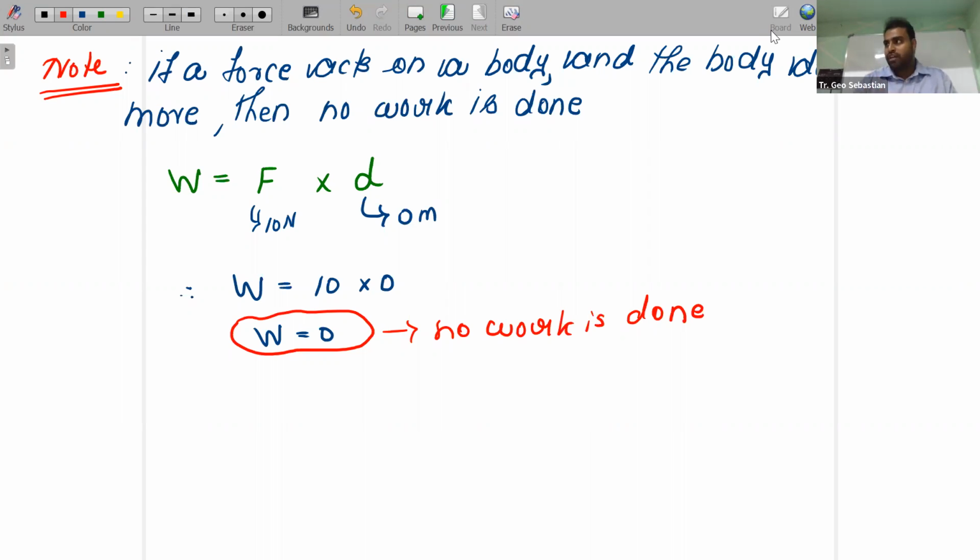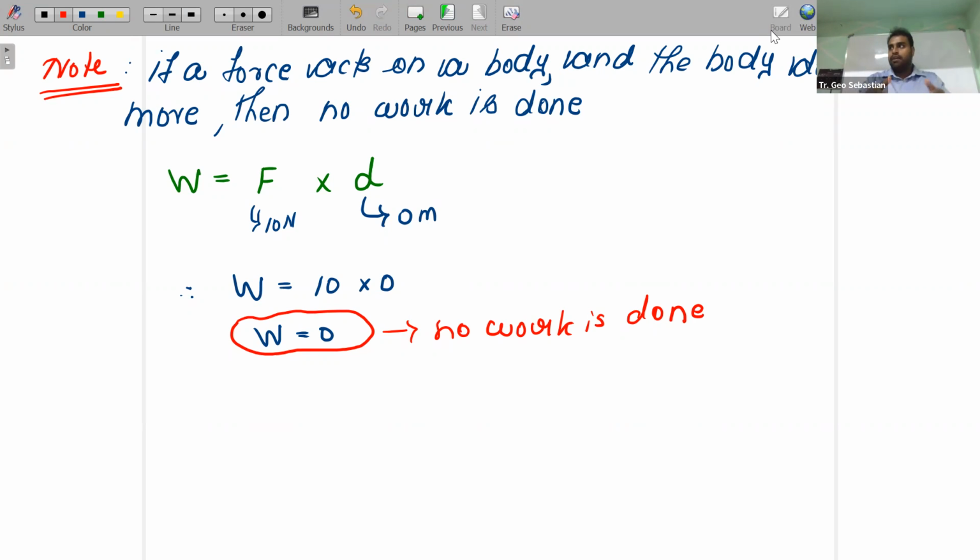That person is giving some force, around 10 Newton or 20 Newton, 30 Newton, but the distance is equal to 0. So according to our equation, W is equal to F into d, F is equal to 10 Newton or some value, and d is equal to 0. 10 into 0 is 0. Hence, the work done is 0. Hence, you can understand that in that condition, no work is done.